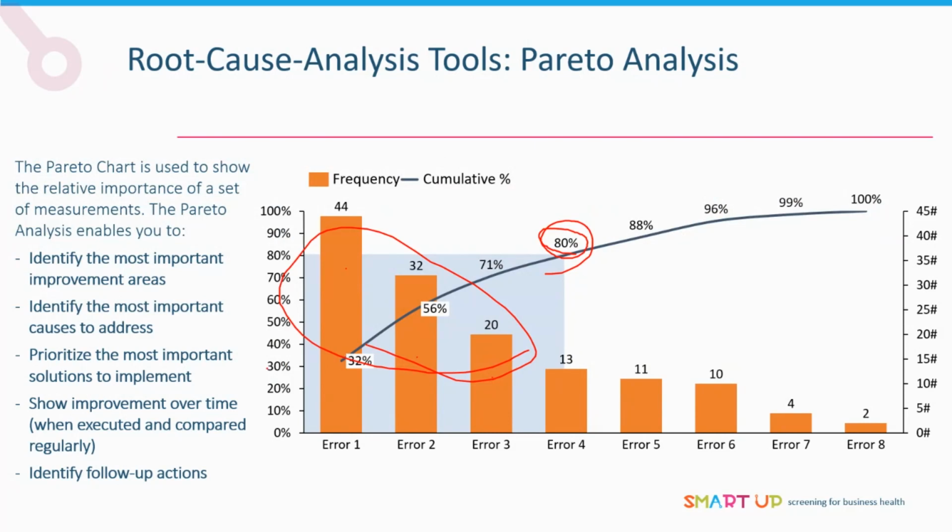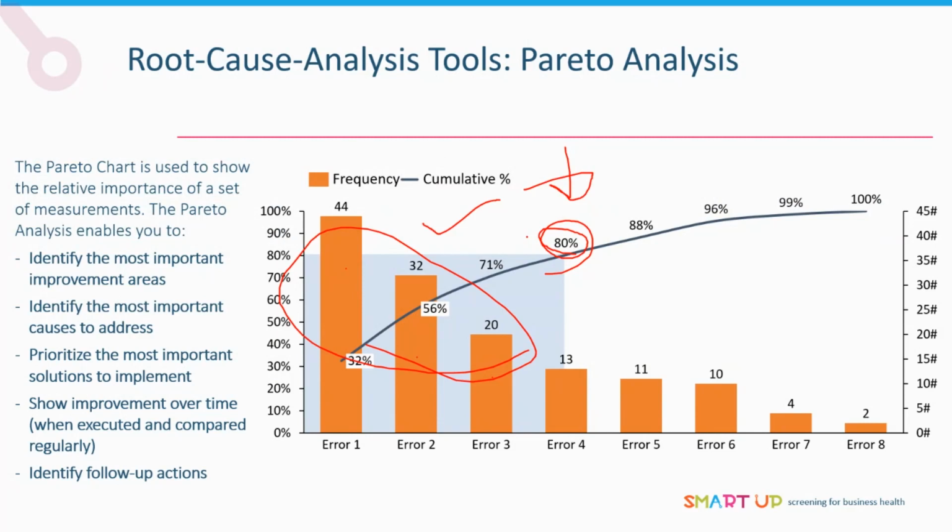So 80% of the errors are caused by 20% of the problems. Now, if I'm able to correct this 20%, then I can bring down my overall impact. So this is how larger companies use the concept of Pareto analysis to identify the root cause.